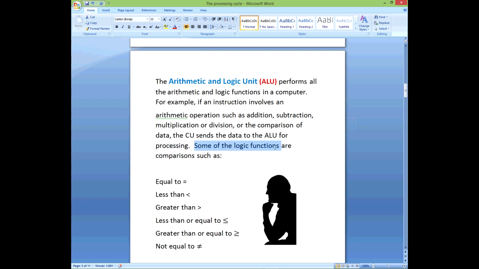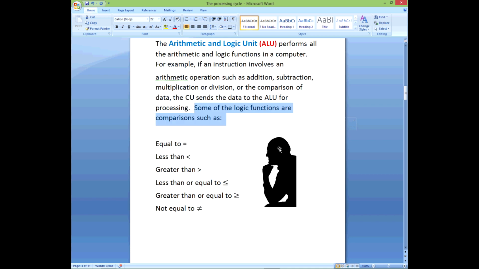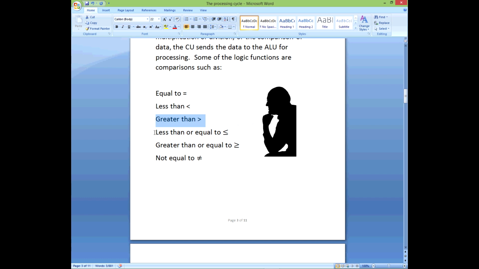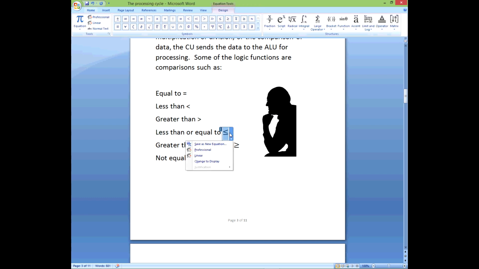Some of the logic functions are comparisons, such as equal to, less than, greater than, less than or equal to, greater than or equal to, and not equal to.